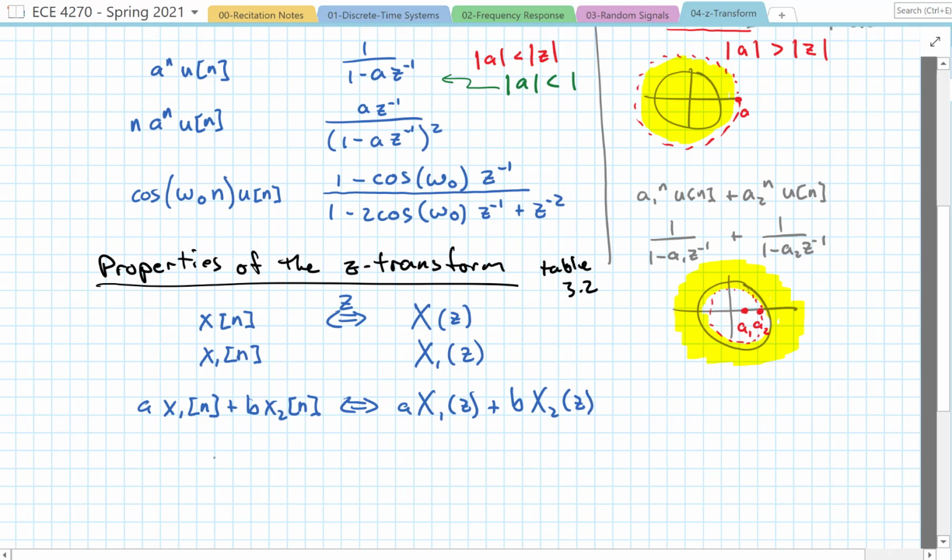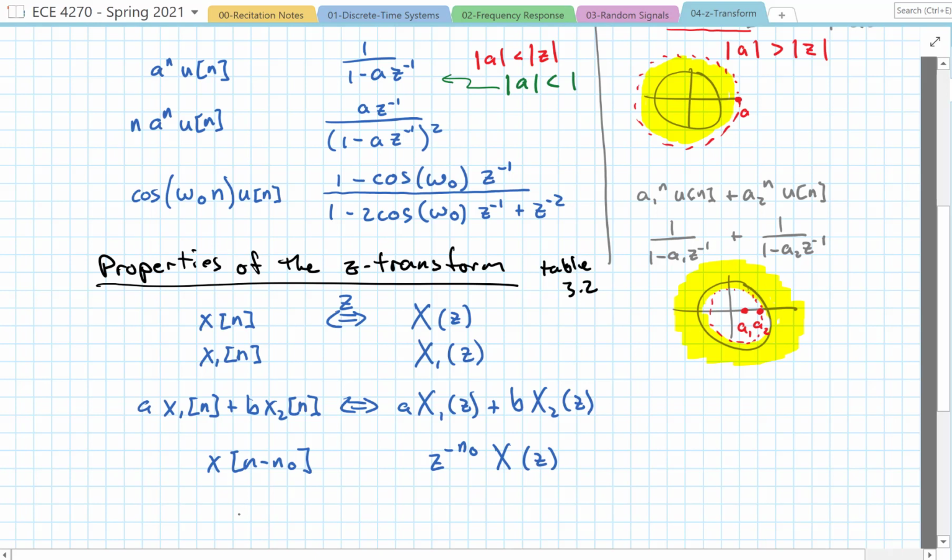The next one that's really important is a delay, since filters deal with signals at different delays. So this comes up all the time. This transforms pretty much just like the DTFT did. There it was e to the minus j omega n naught. Here it's just z to the negative n naught.